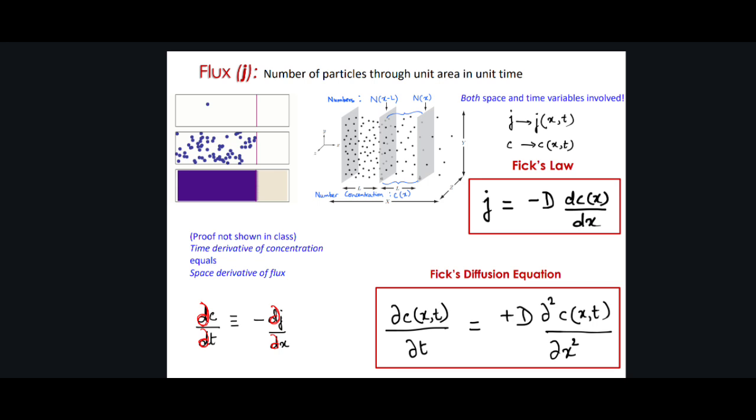Okay? Concentration by itself is only a function of position. Okay, position, there is also implicitly a time. You can write this as partial derivatives as well, if you want.